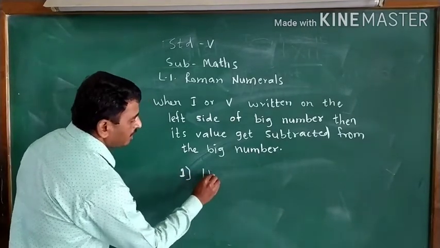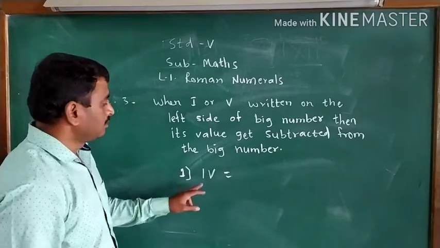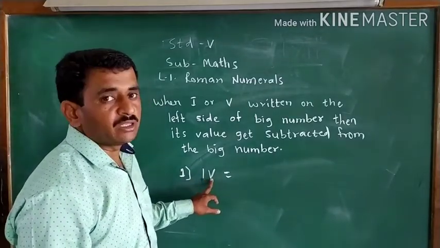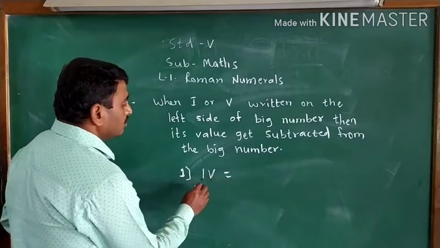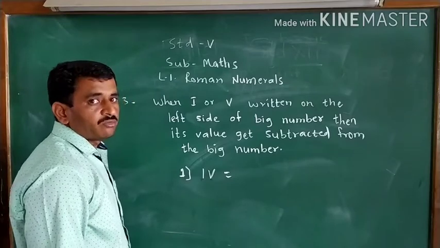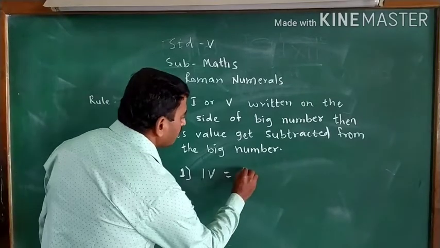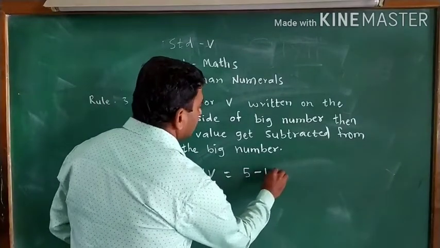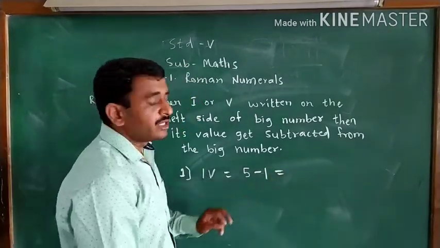I am taking IV. I is on the left side of the bigger number V. So its value gets subtracted from the value of V. So value of V is 5, value of I is 1, it gets subtracted and we get the answer 4.